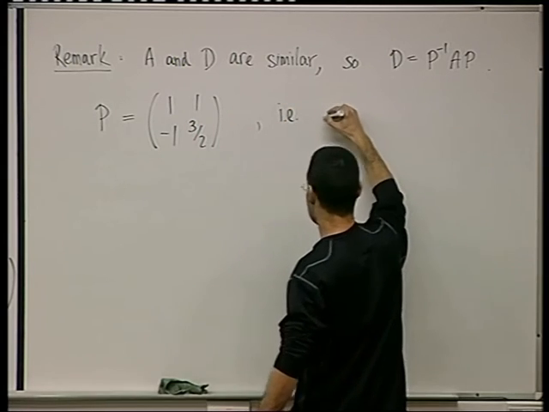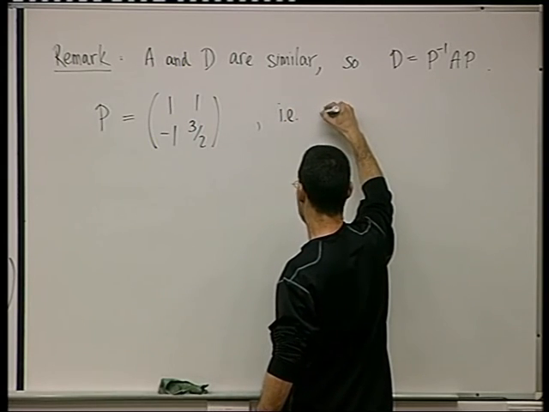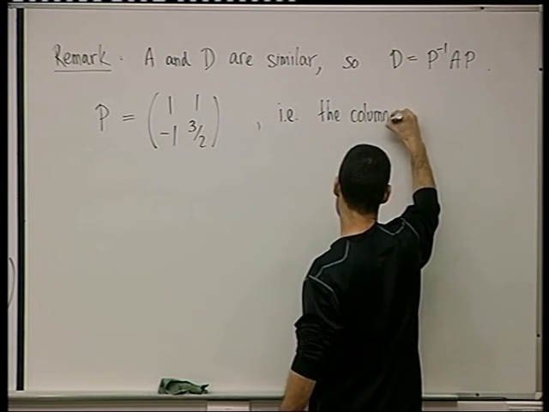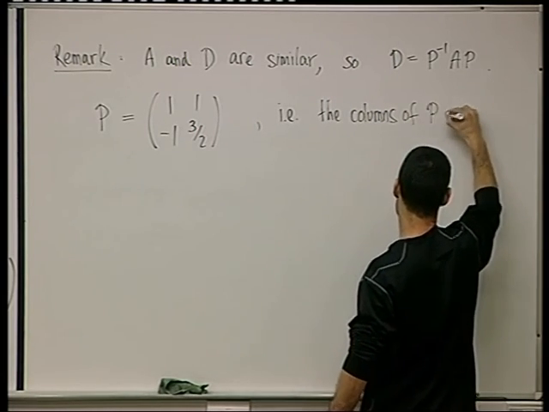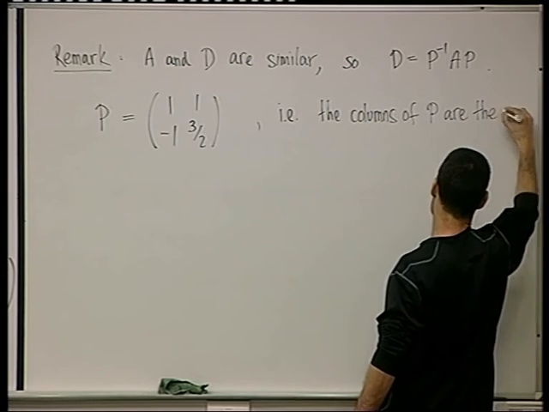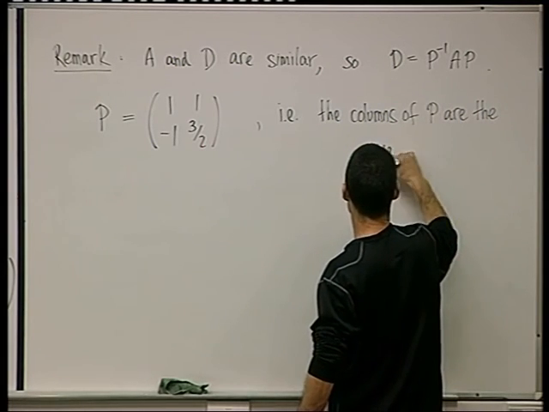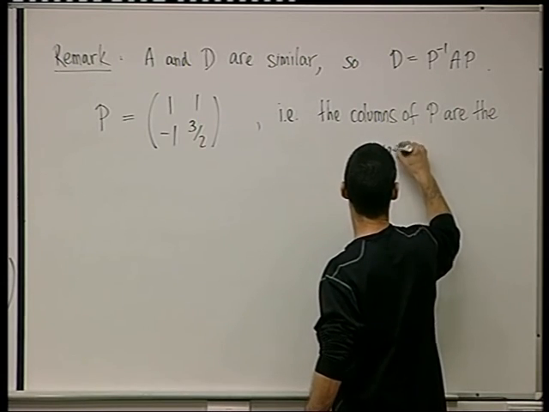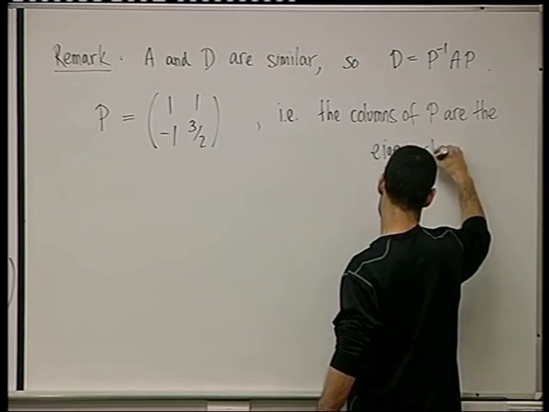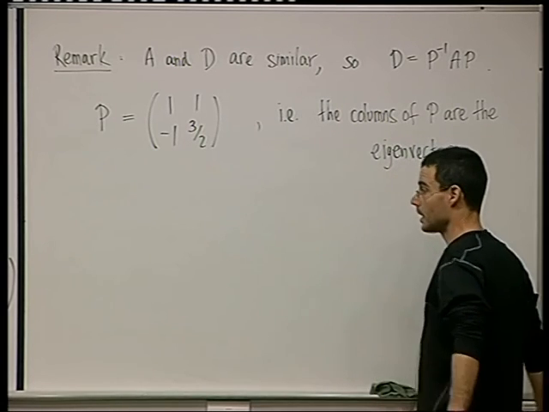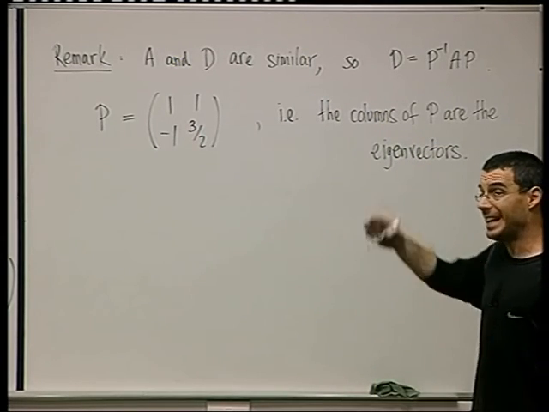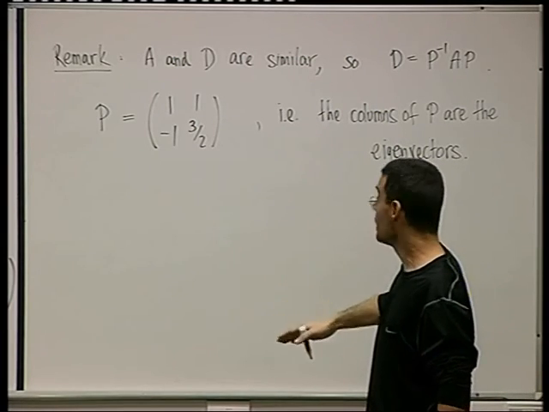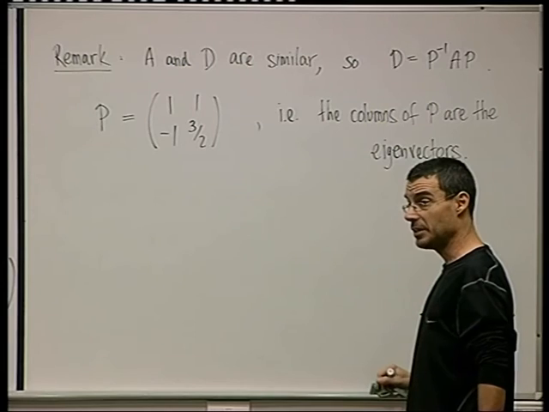That is, the columns of P are the eigenvectors. So the diagonal elements of D are the eigenvalues. The columns of P are the eigenvectors.